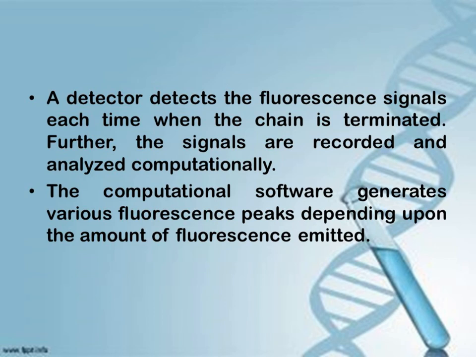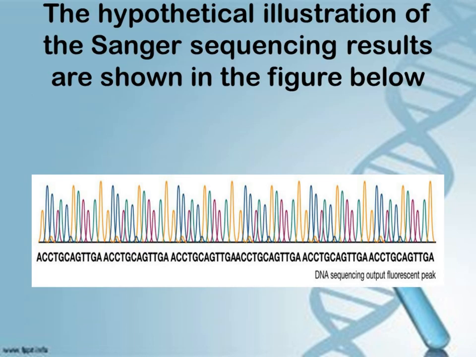In this method, what basically happens is a detector detects the fluorescent signals each time the chain is terminated. Further, the signals are recorded and analyzed computationally. The computational software generates various fluorescence peaks depending upon the amount of fluorescence emitted. A hypothetical illustration of the Sanger sequencing results is shown in the figure below.